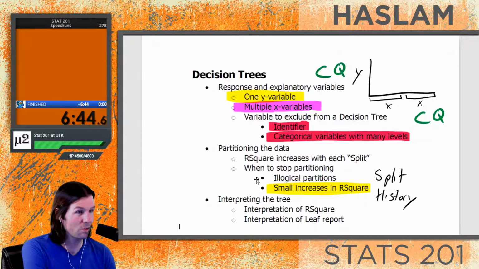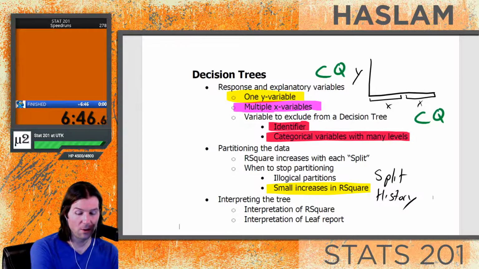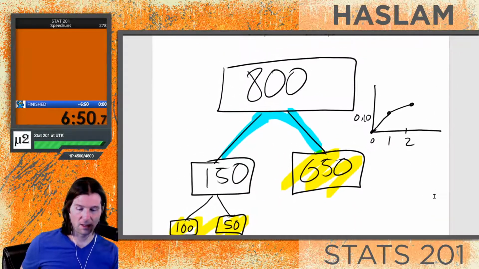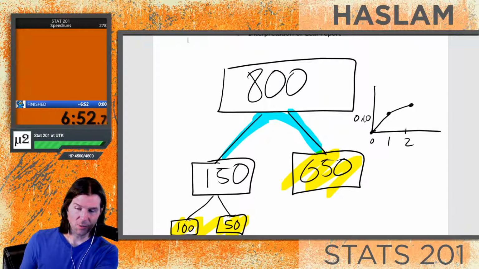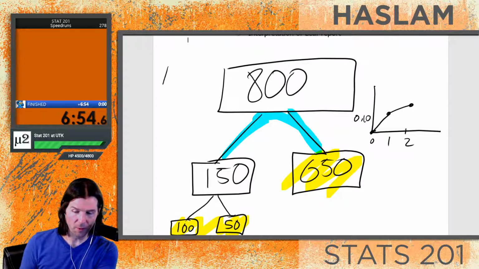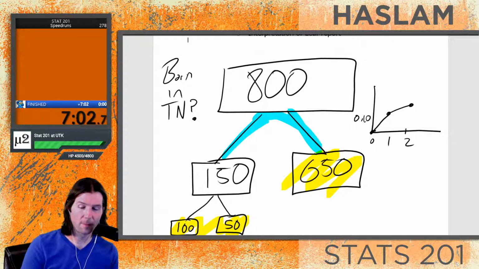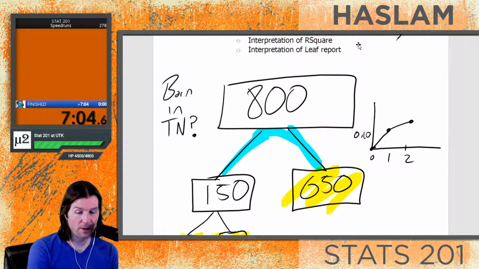When we interpret the tree, we need to know how to interpret the R squared. So if this tree right here was trying to predict something like, let's say, whether people were born in Tennessee, were you born in Tennessee? That's what this tree is predicting right here. The R squared is going to be the following.